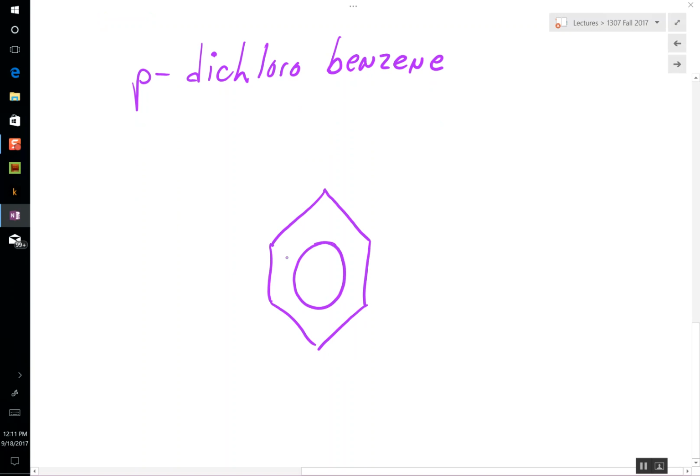So there's benzene. Where do the two chloro groups go? One at the top and one at the bottom.